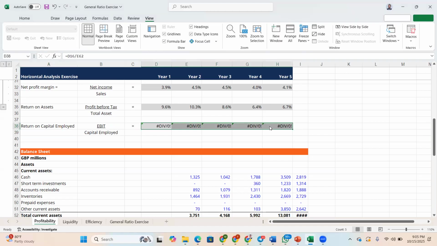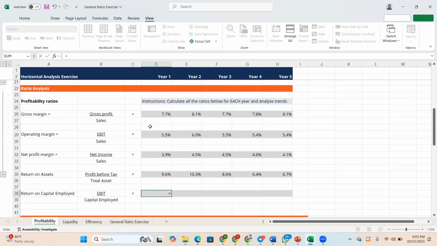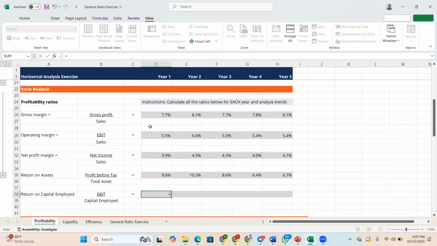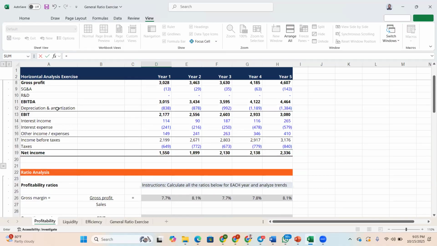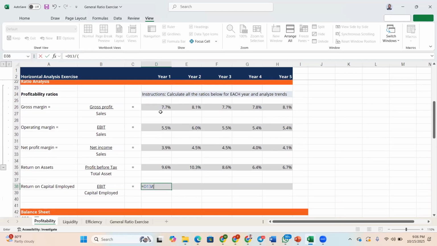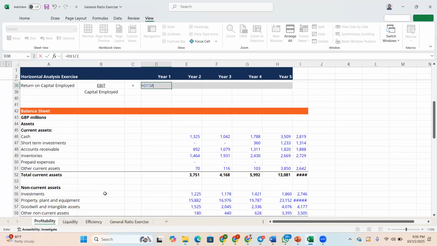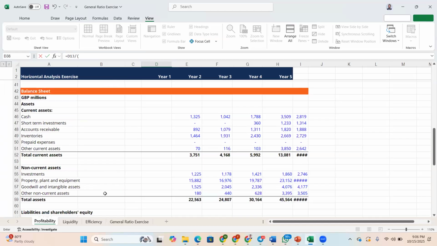Anybody? Oh, we are tired. Capital employed is equity plus non-current liabilities. Let's not forget. So let's start with the EBIT. Our EBIT is 2177 divided by, because you want to add equity and non-current liabilities together, you are going to open brackets so that BODMAS can take effect.